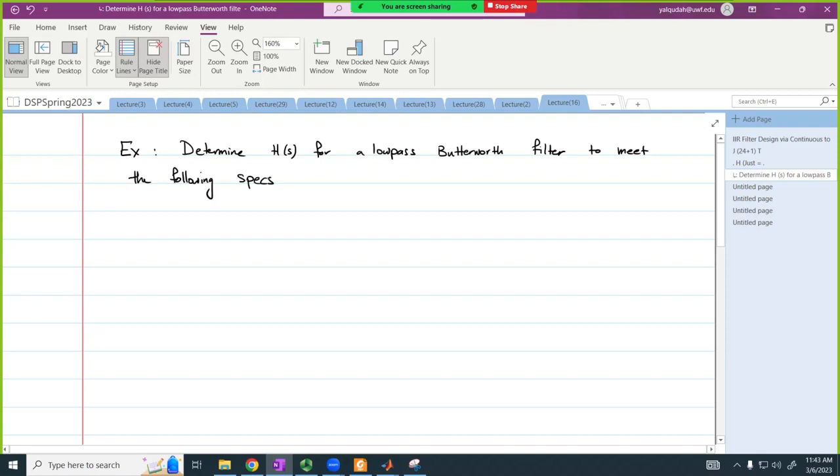And remember, we are designing what kind of filter? An analog filter. Okay, so we are given that we want omega cutoff to be equal to 10 radians per second. We want omega stop to equal 25 radians per second. And we want the minimum attenuation in the stop band to be 40 dB.